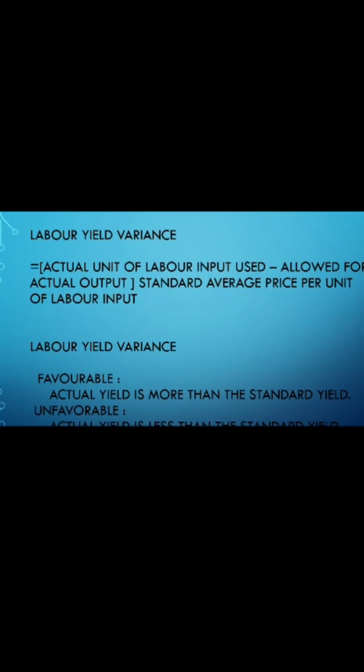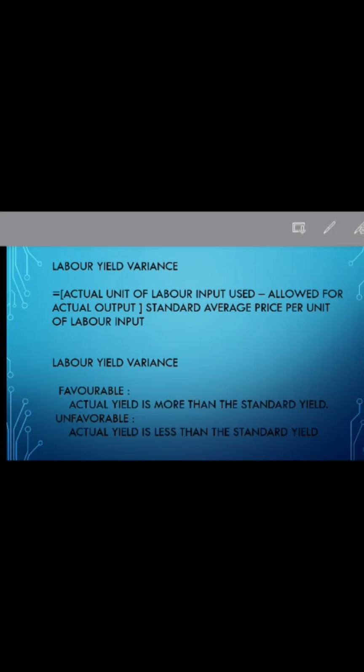Labor yield variance. Here the labor yield variance is identified by using this formula: actual unit of labor input used minus allowed for the actual output, into standard average price per unit of labor input. That is, the actual unit of labor input and the actual output, multiplied by the average price per unit.